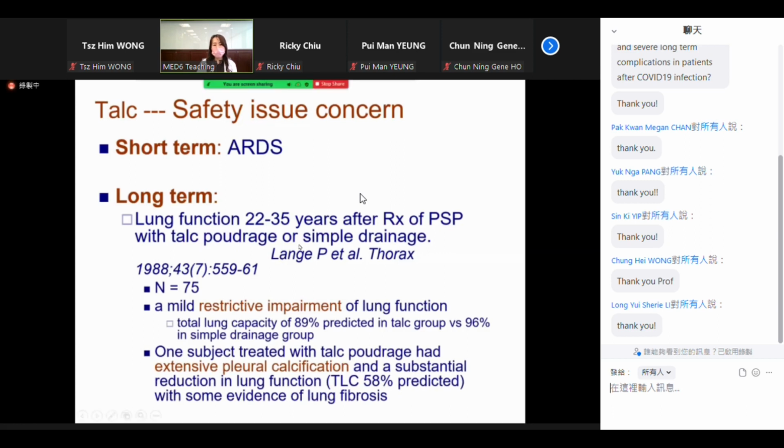Some studies show there's restrictive impairment after many years of talc pleurodesis. And also after administering talc, when the patient goes through a PET scan, there is active uptake as well. So if there's pleural uptake in the PET scan, we have to ask the patient if they had some recent procedure or chemical pleurodesis recently.